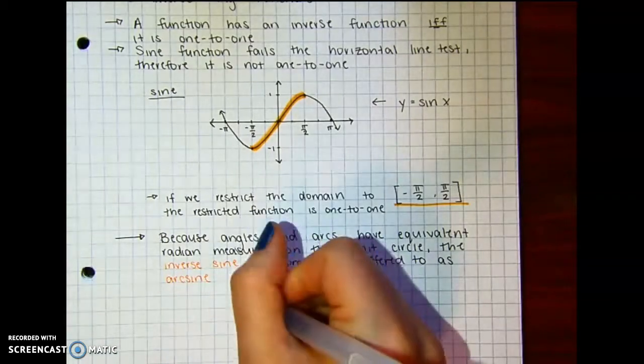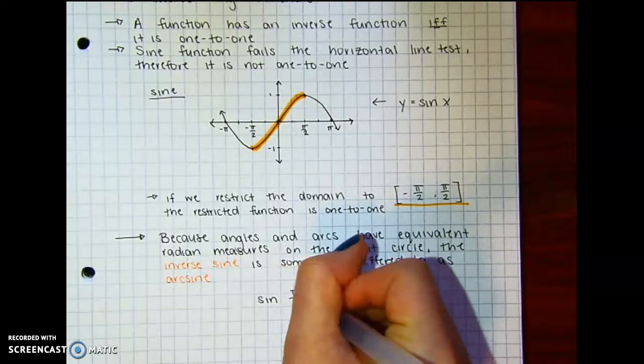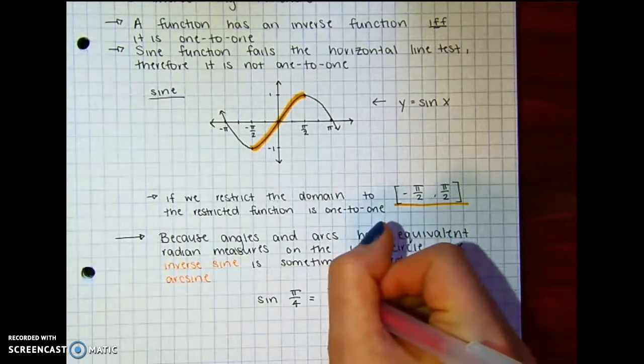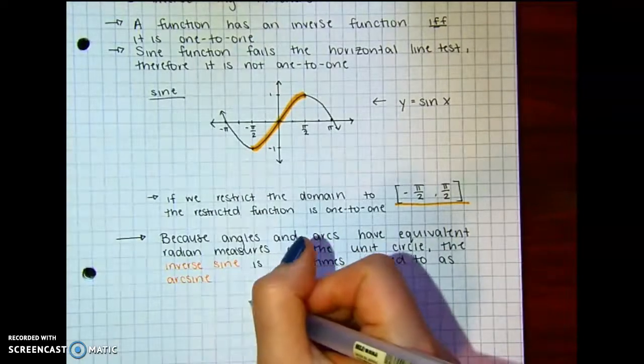So sine of pi over 4 is equal to root 2 over 2. Hopefully you guys know that one from the unit circle, right?